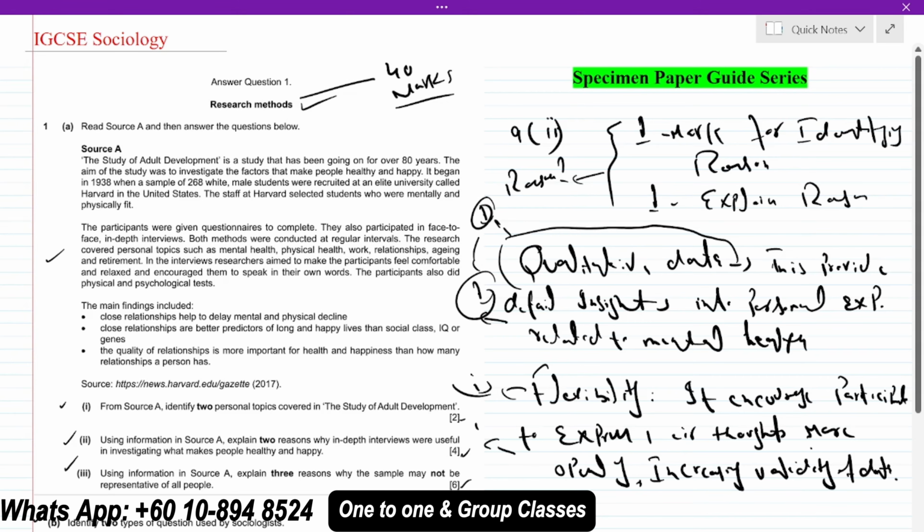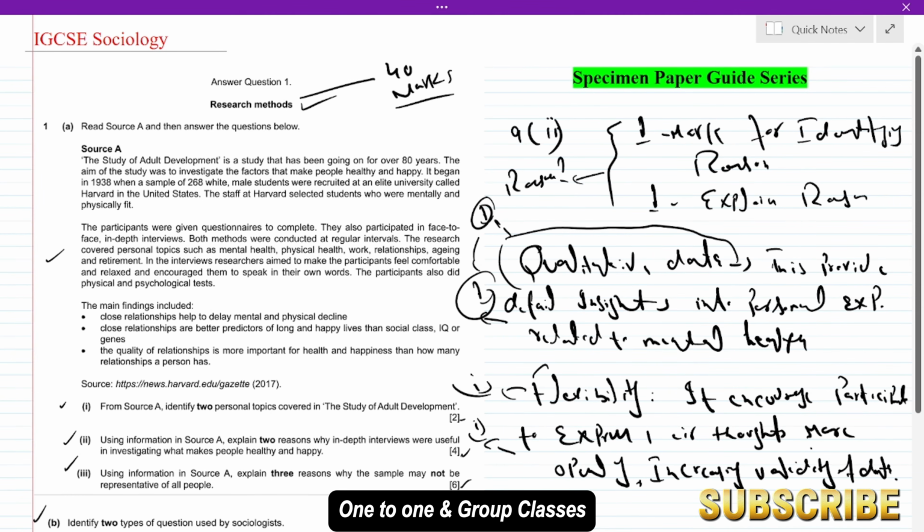Now you can see that again for the explanation, we will be able to get 1 mark.